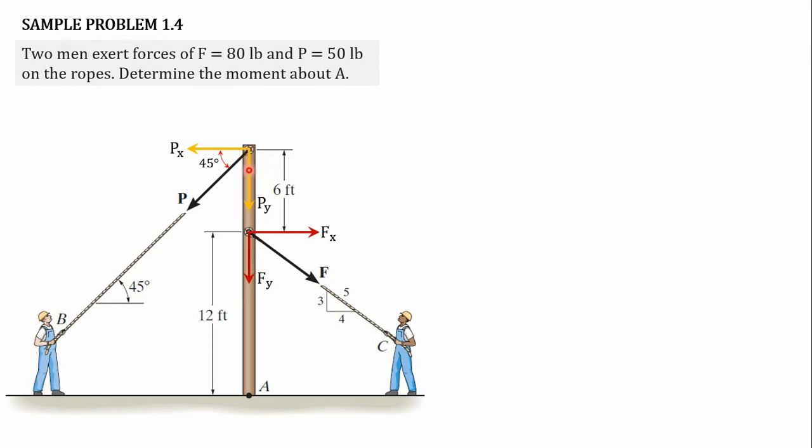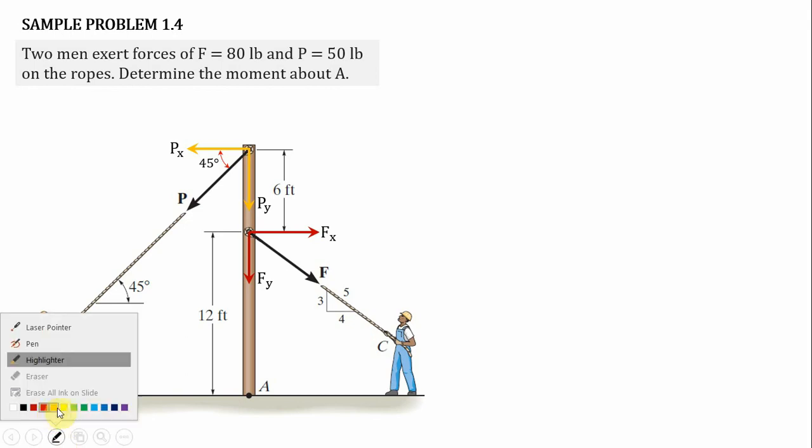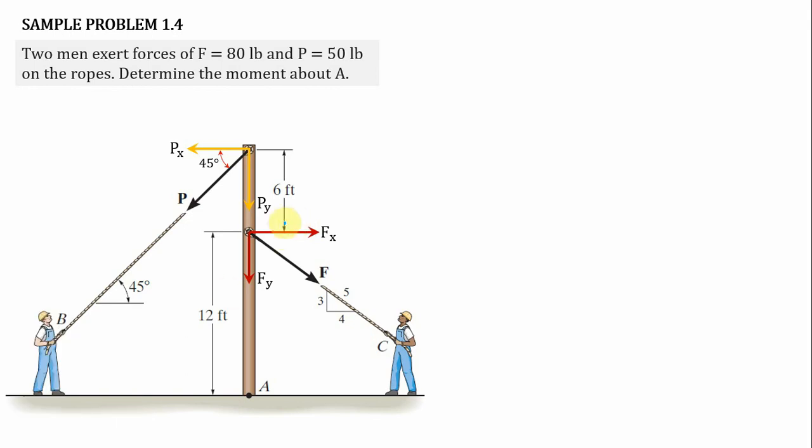Okay? How about Py, no? Kung i-extend ko lang, okay? Kung i-extend ko siya, ang line of action ng Py, okay? So, ito yung line of action ng Py. Okay?